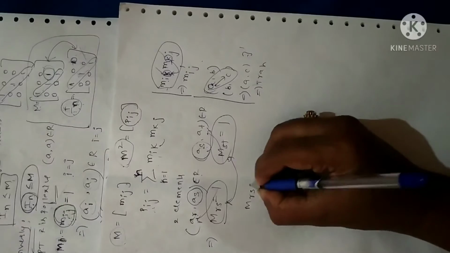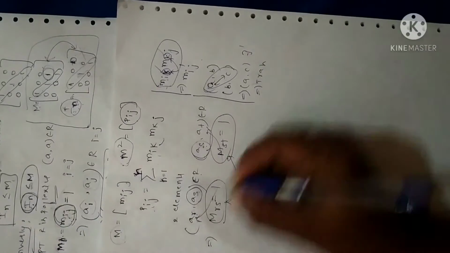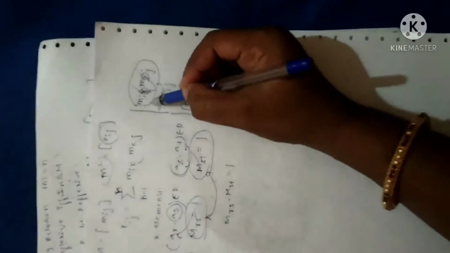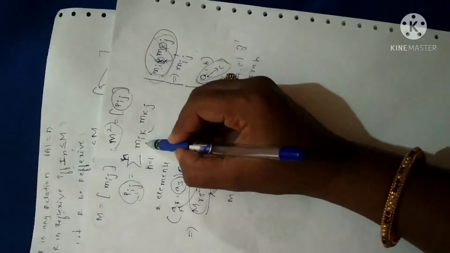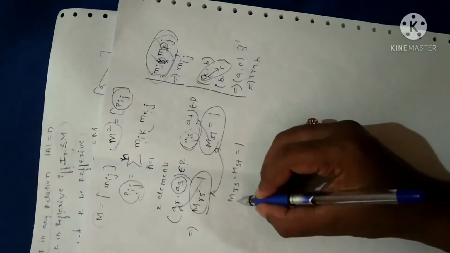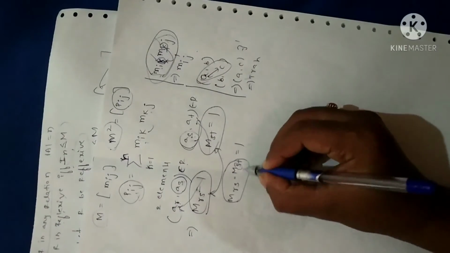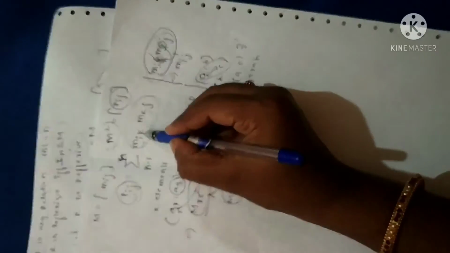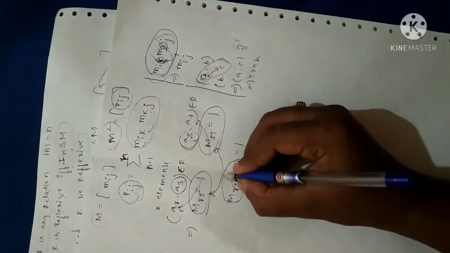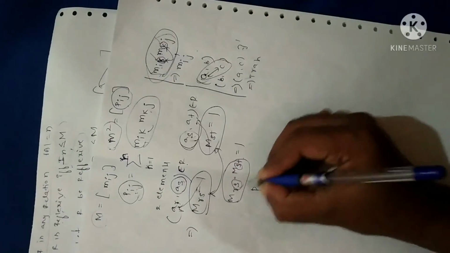I can write m_rs into m_st is equal to 1. Now, again by using suffix notation, why? Because I have taken the elements p_ij as the product of m_ik and m_kj. Since I have the repeated suffix here, m_rs into m_st, the product of m_ik into m_kj is p_ij, so I can write this as p_rt.